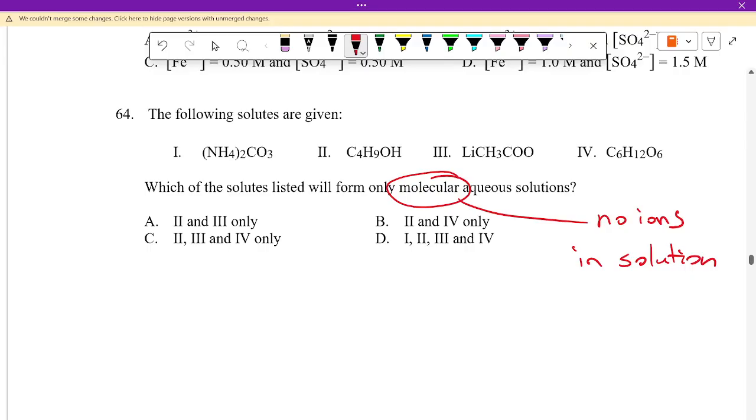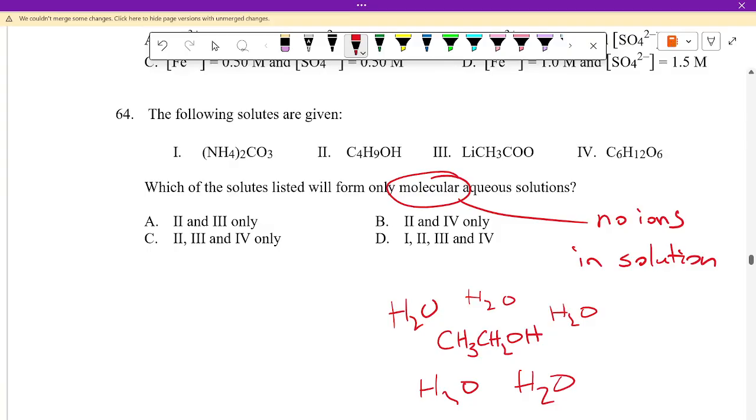Okay, so what you would have is, let's say, ethanol, CH3CH2OH, and it would be surrounded with waters, H2O, H2O, H2O, H2O.